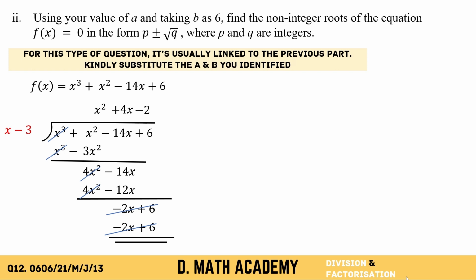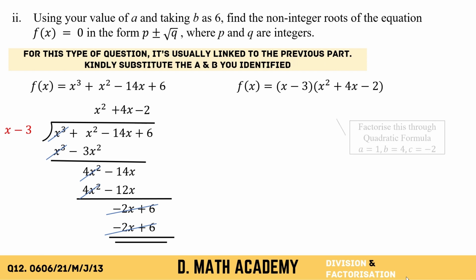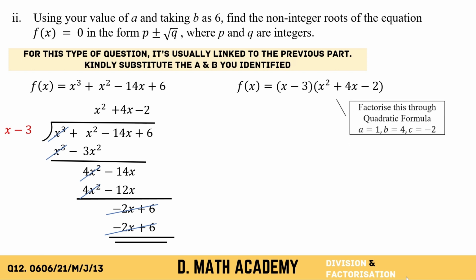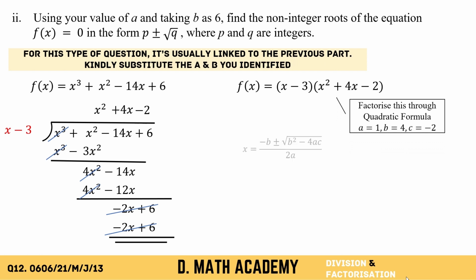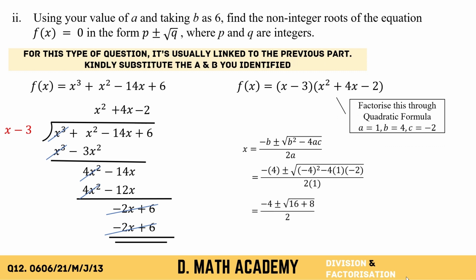So with this x squared plus 4x minus 2, your a will be 1, b will be 4, and c will be negative 2. Through the formula, negative b plus minus square root of b squared minus 4ac over 2a. Running the calculation, you will get negative 4 plus minus square root 24 over 2.